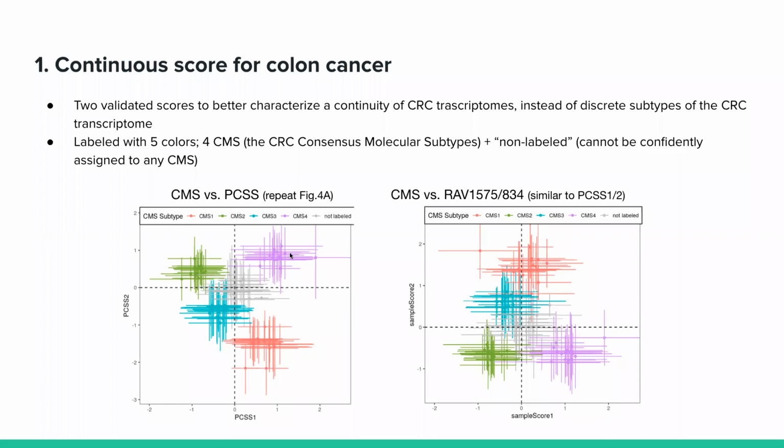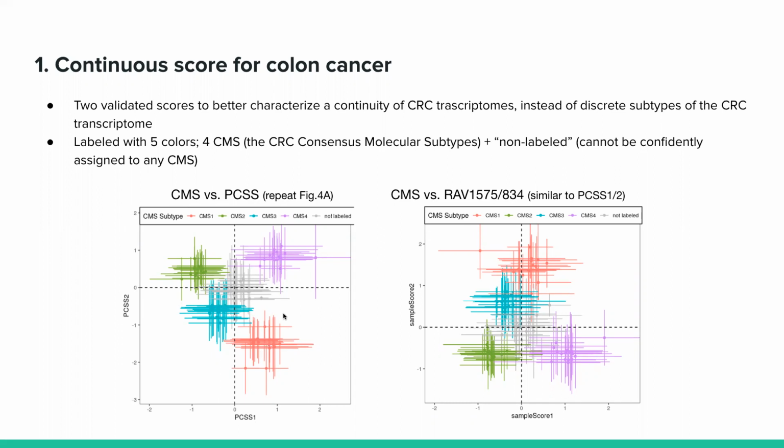And we showed that if we look at these samples and our continuous scores on them and compare these to the discrete scores proposed by this consortium, as well as the ones that they decided not to label as having a distinct subtype, we see essentially a very close association with those discrete subtypes as being in the 4 quadrants defined by these 2 different scores.